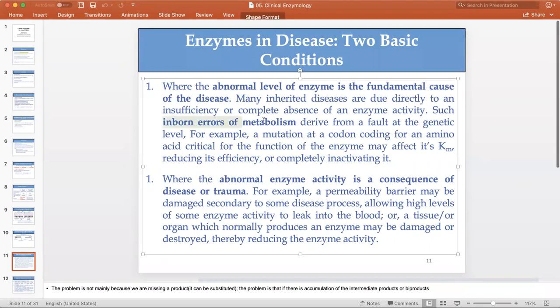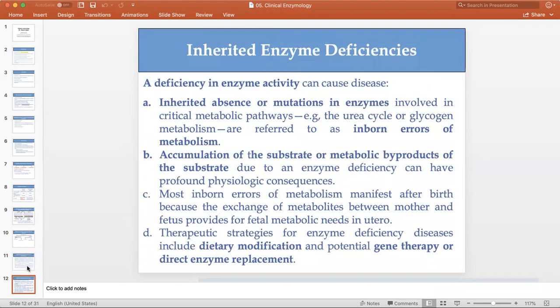Okay, so let's pick this one and talk about the inherited errors of metabolism. What happens here? In inherited enzyme deficiencies, there is an inherited absence or mutations in the enzymes, and these are referred to as your inborn errors of metabolism. Obviously, if the enzymes are not functioning properly, the substrates will accumulate and the products will decrease.